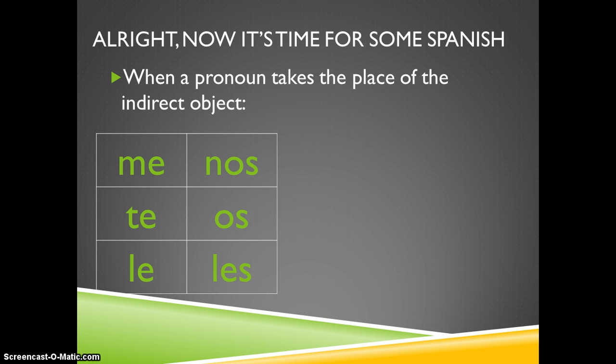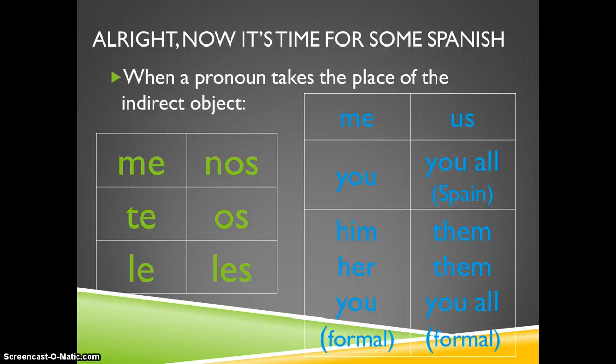Those are indirect object pronouns in Spanish. Me would be me, te would be you, le could stand for him, her, or you formal, nos stands for us, os is you all, and remember that's when we're in Spain, and les could stand for them or you all formal.